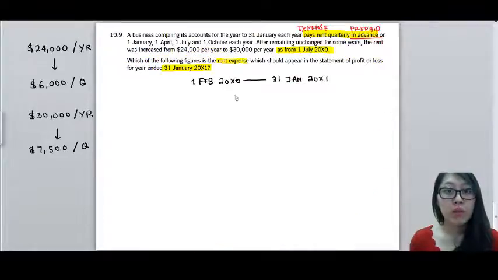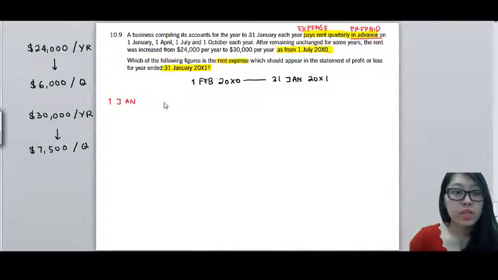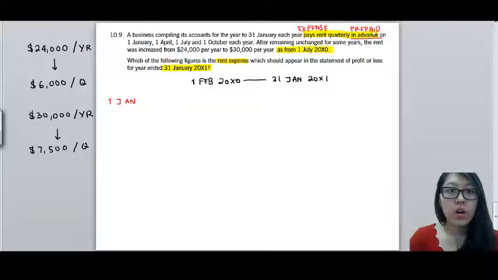So let's apply that now. Okay, so on 1st January, when we pay on 1st January, we are paying for rental expense in advance. So if it's in advance, that means we're paying before the rental expense is supposed to be paid. So that means if we're paying on 1st January, we're paying for January, February, and March.